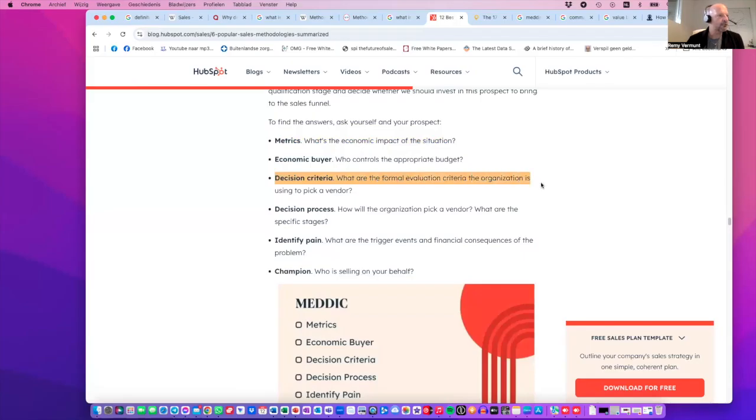Decision criteria, that's a good one. What formal evaluation criteria is the organization using to pick a vendor? True, that's important, but not enough, because there are implicit criteria. To be honest, most decisions are based on belly, emotion. What the rational part of the brain does is justify the emotional belly choice. That's how psychology works.